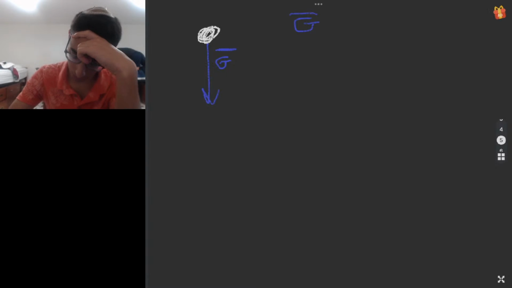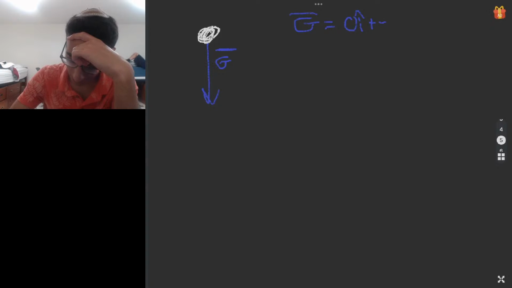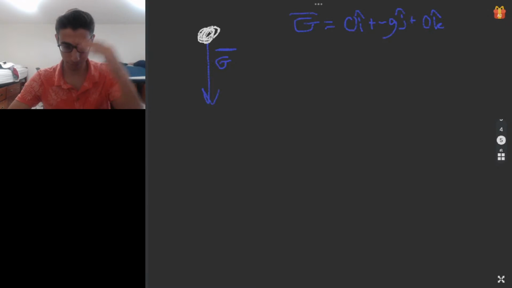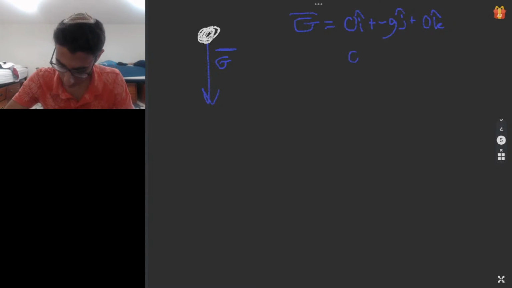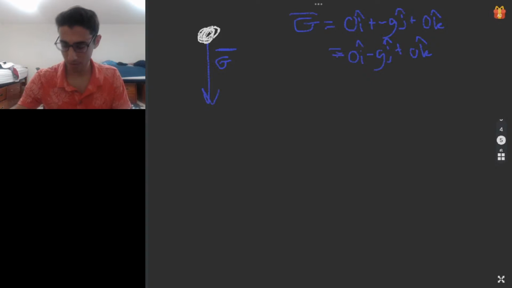So G equals 0 i hat plus negative g j hat plus 0 k hat. It's negative g because it's down, and I'm choosing down to be negative. So it's 0 i hat minus g j hat plus 0 k hat, and this equals our acceleration.